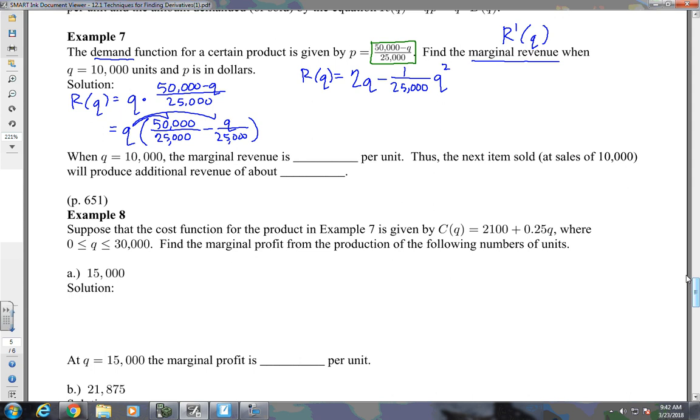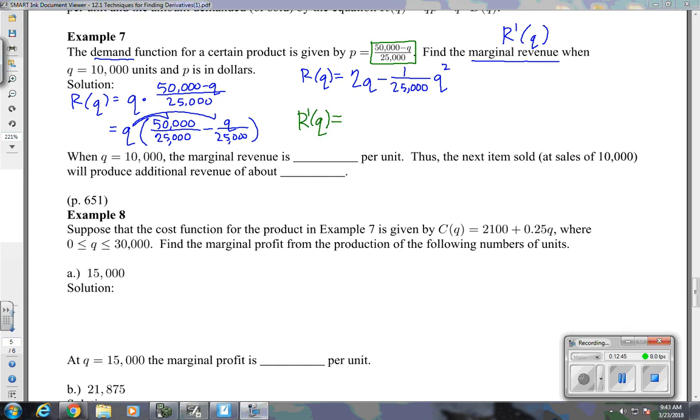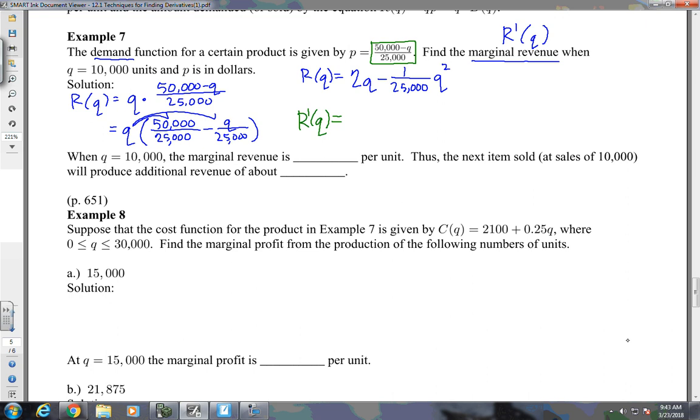Now we're ready to find the marginal revenue. Marginal revenue is simply the derivative of your revenue function. All right, so we're going to find R prime of Q. So the derivative of 2 times Q is simply 2. For the next term, we're going to have coefficient negative 1 over 25,000 times the derivative of Q squared, which is 2Q.